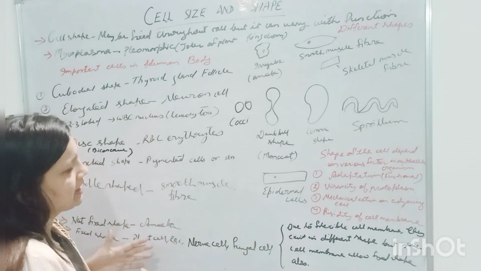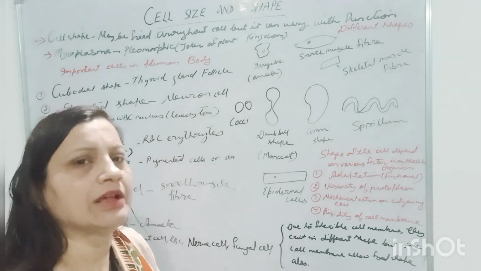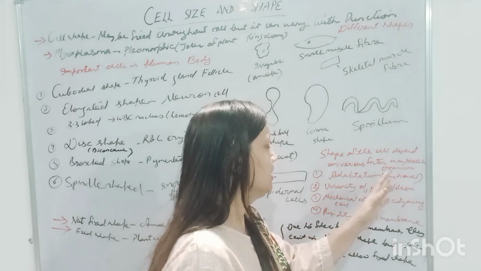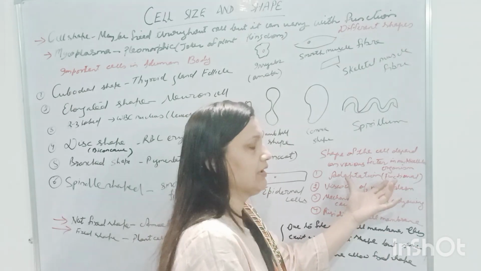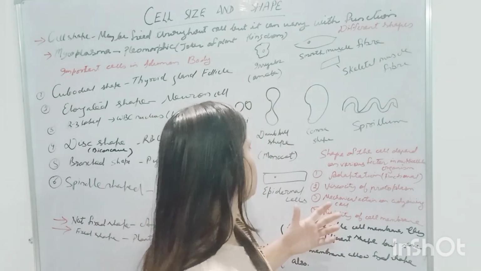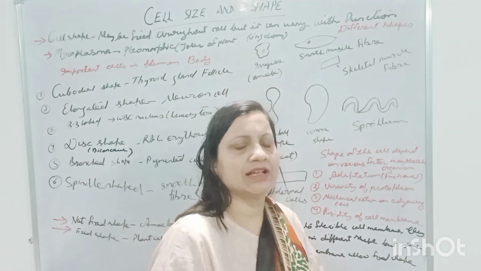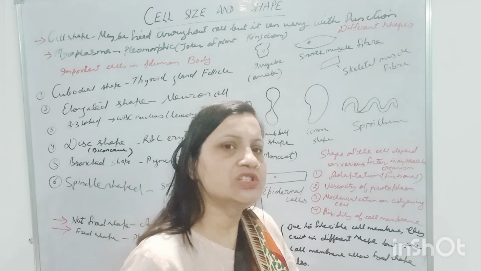So the shape of the cell depends on various factors. First, in multicellular organisms, is functional adaptation, in which environment it is adapted. According to it, the shape of the cell can be fixed or changed.